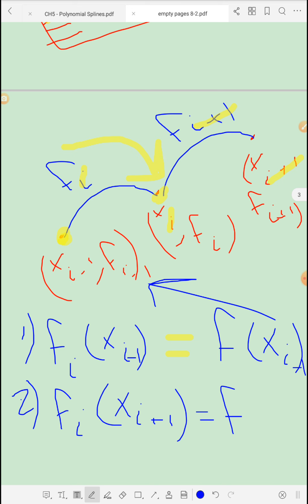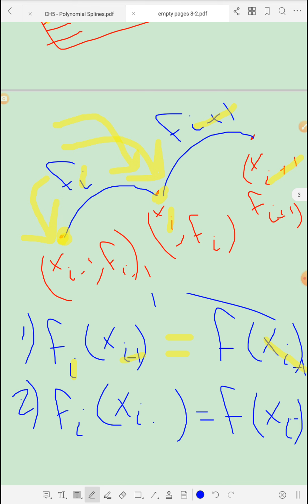So in the first case, we find the value of fi at this node xi minus 1. So fi at xi minus 1 is equal to f of xi minus 1, which is the given data point. And the right one, fi of xi, is equal to f of xi.